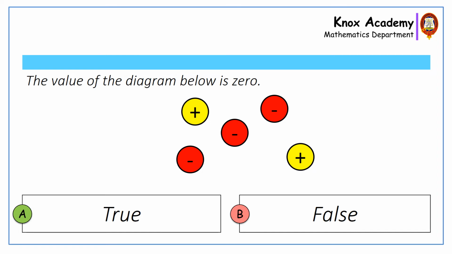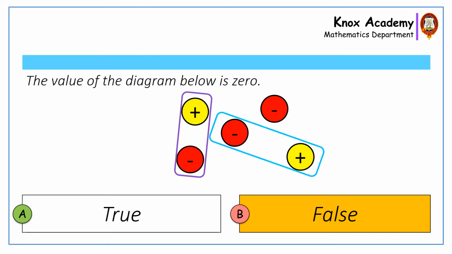If we have a look at this, the answer here is false. And the reason it's false is because, yep, we have a zero pair there. We have a zero pair there. But we have this one left out that we can't zero pair with another positive. So that's false. Overall, this group of counters has a value of -1 because we have -1 left.